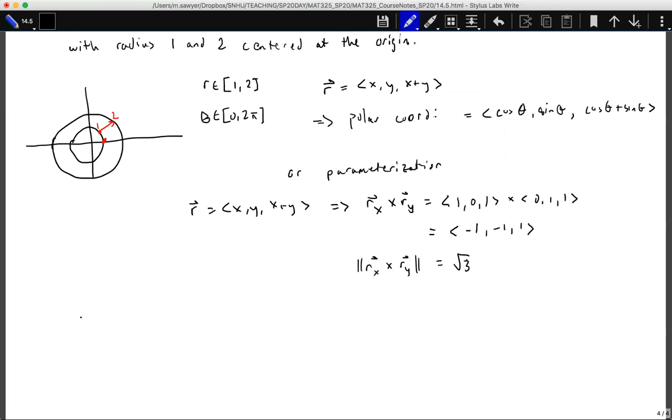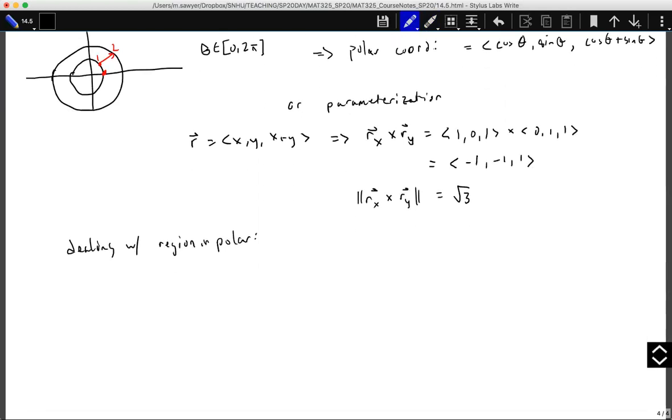So since we're dealing with our region in polar, we can then convert to polar coordinates after the parameterization. So we can then say our integral looks like 0 to 2 pi, 1 to 2, of the inside piece, that's our magnitude piece, times r dr d theta.